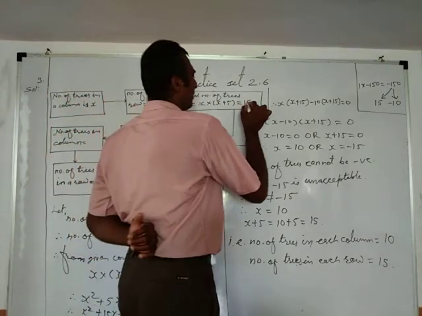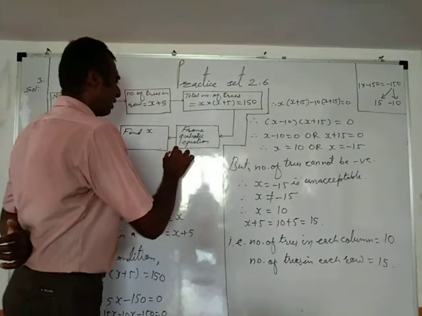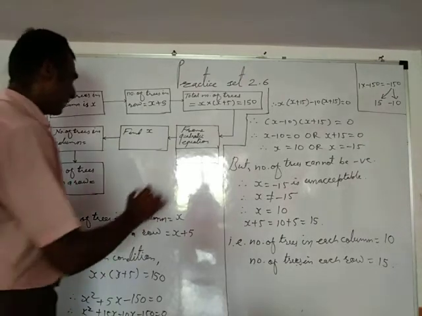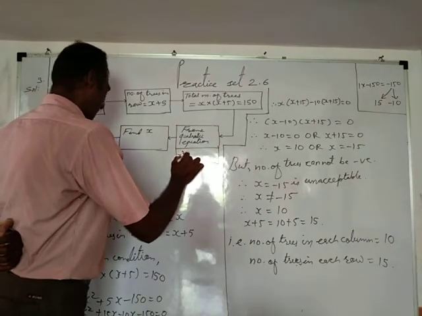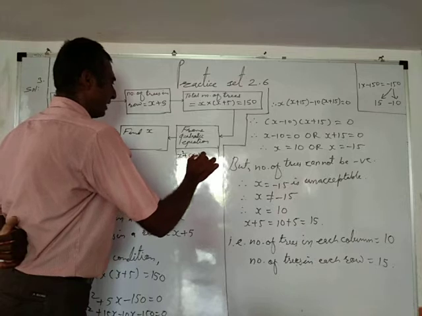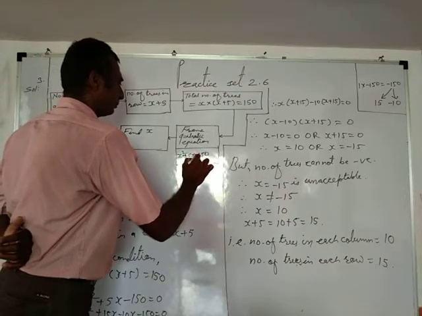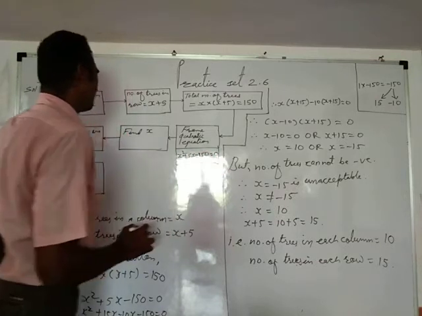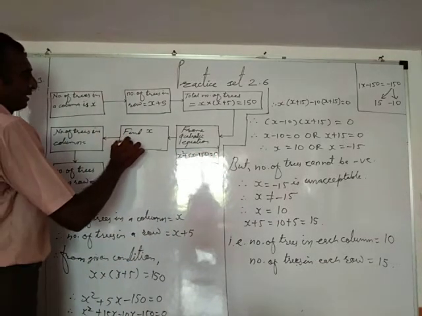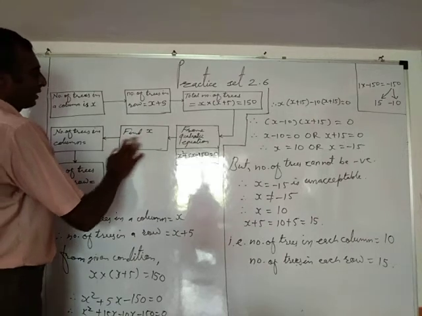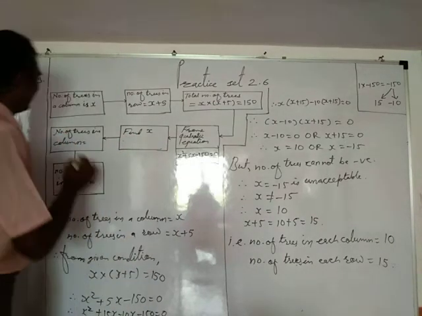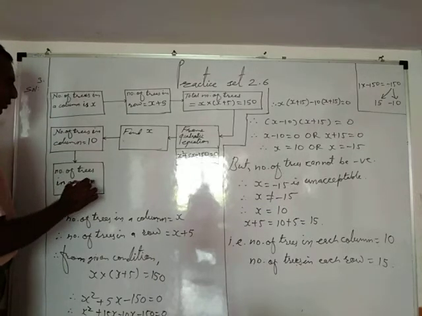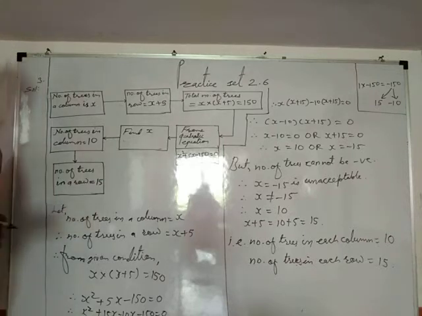That was 150, and the quadratic equation formed is x square plus 5x minus 150 equal to 0. Find x. Already we found the value of x: the number of trees in a column is 10, and the number of trees in each row is 15.